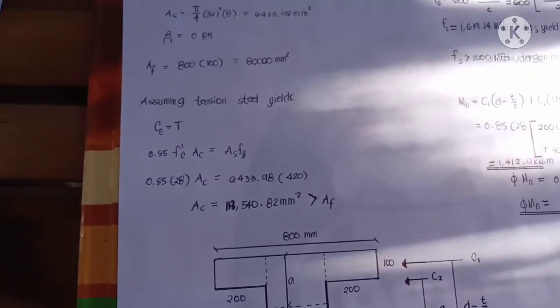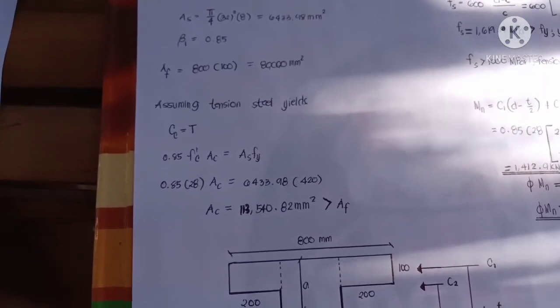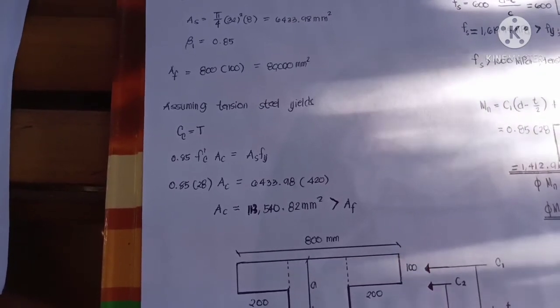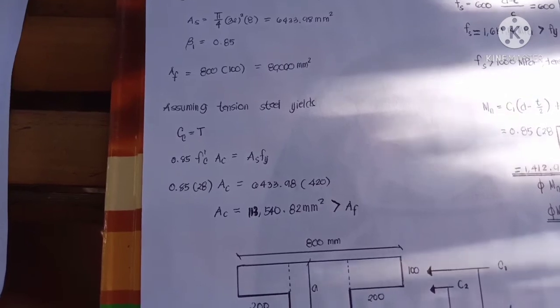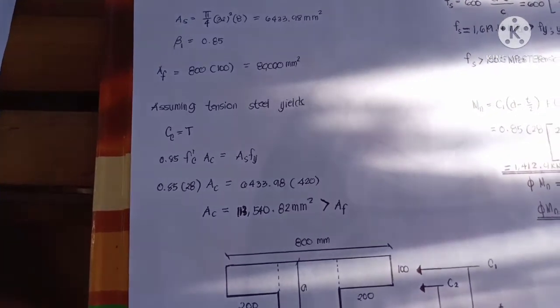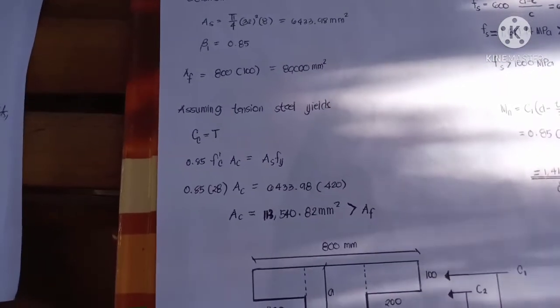And we have obtained that the value of Ac, or the area of compression concrete, is 113,540.82 mm squared. As we can see, it is more than the area of the flange.